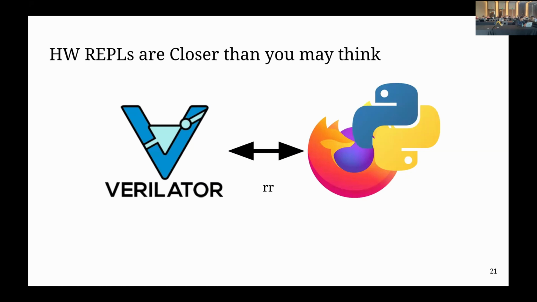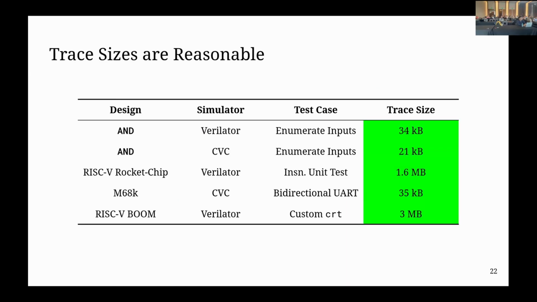Now, time travel, you may think that as we know with waveforms, collecting traces, you can generate enormous amounts of data, like truly exorbitant amounts of data. We found that with RR, even on non-trivial designs, you get traces that are like rounding errors on your disk capacities nowadays, which is great. And these are like full cores running full simulation tests.